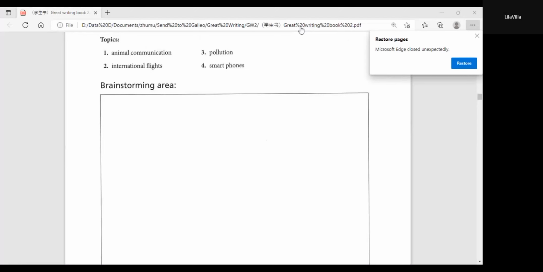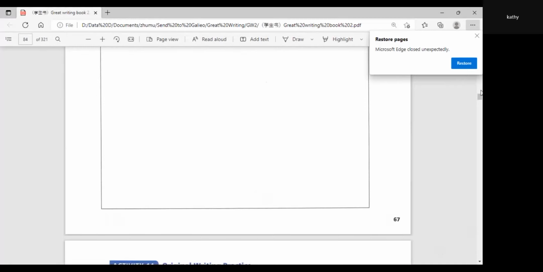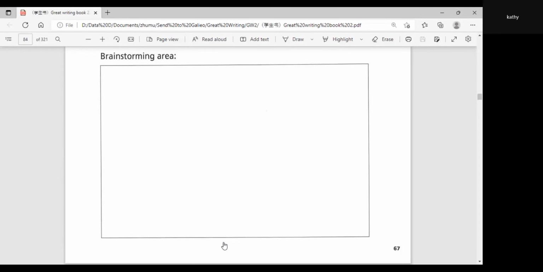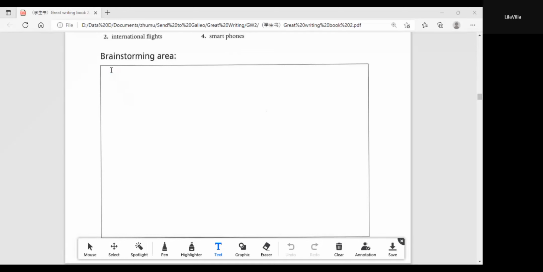So let's talk about pollution. What are the different kinds of pollution? The global warming. So our topic is pollution, and your first idea is global warming. What is the connection between global warming and pollution?